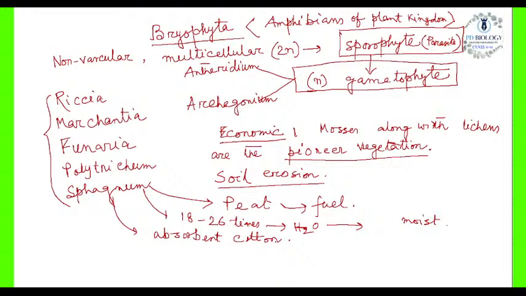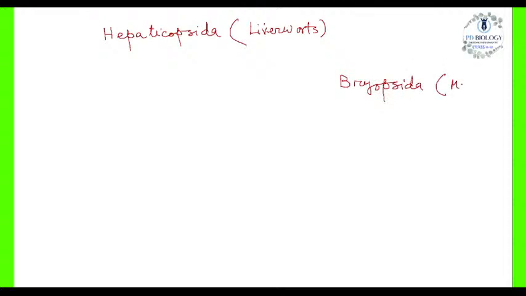The prime classes that are very important in bryophytes are Hepaticopsida, also called liverworts, and the Bryopsida, that is the mosses.